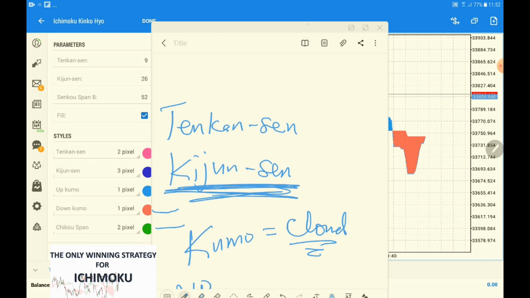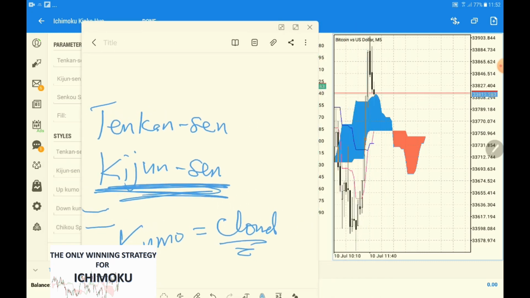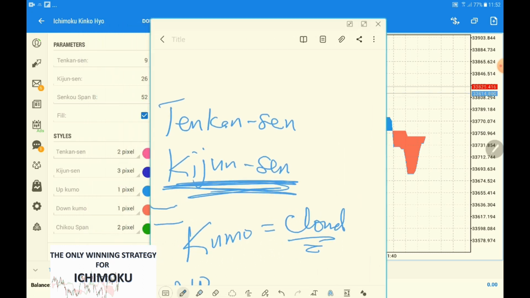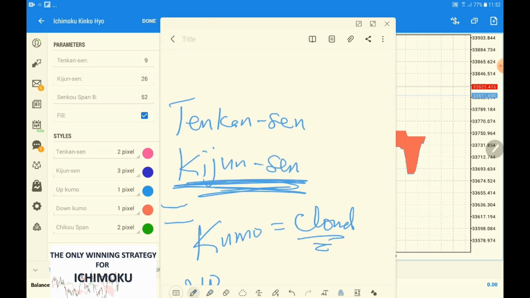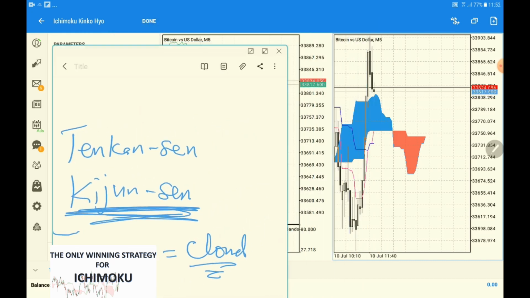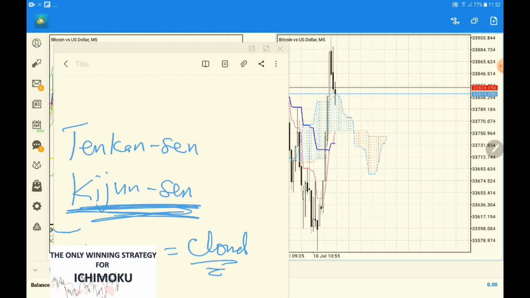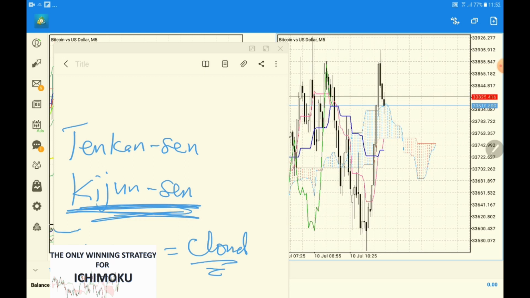For visualization's sake, let me just take off the fill so that we can see the Kijun-sen very well. So let's just do that and click on done. Great. So now I have thickened the Kijun-sen right here. That is the blue line that we see.